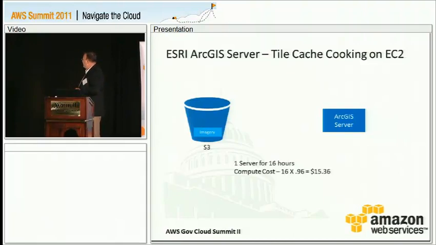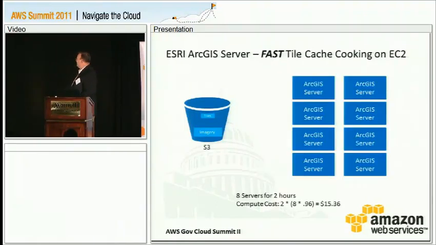The option here is we can store imagery in S3. We can pull it out of ArcGIS Server, and we can break it up in this process called cache cooking. You'll see we've got one of the bigger server instances, so 96 cents an hour. We run that for 16 hours, and it costs $15 to run. Well, this scenario is interesting because if we take the same scenario, but now we have 8 ArcGIS servers, and we run it for 2 hours, the cost is the same.